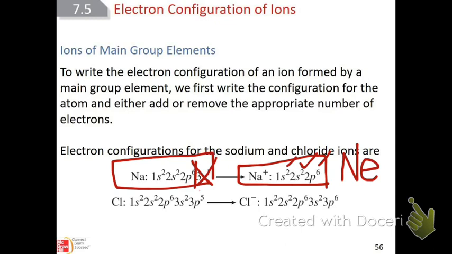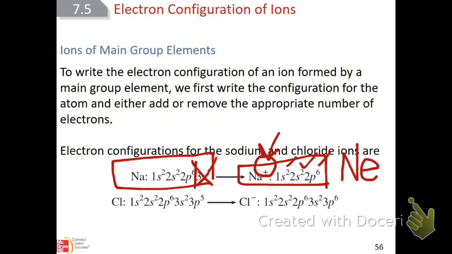So this ion, it's like it can't even tell the difference between it and neon, except that it has this charge. So it is not an atom, it is an ion because it carries that charge. But it will take it because it has that exact same electron configuration as the noble gas neon.